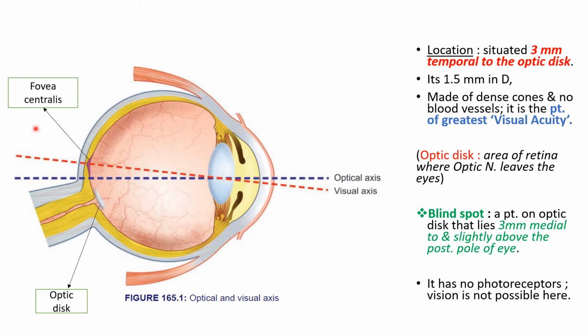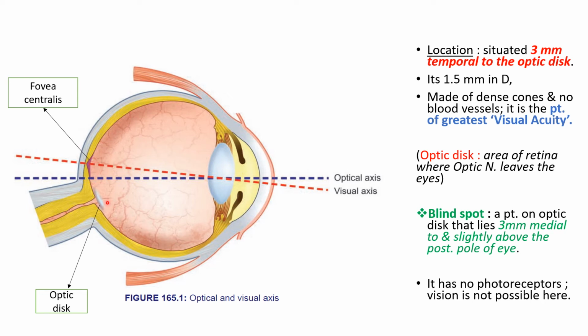The special thing to remember about the fovea centralis is that this part is made up only of cones, and no rods or blood vessels are present in this part. Therefore, the fovea centralis is the point of greatest visual acuity in the eyeball.